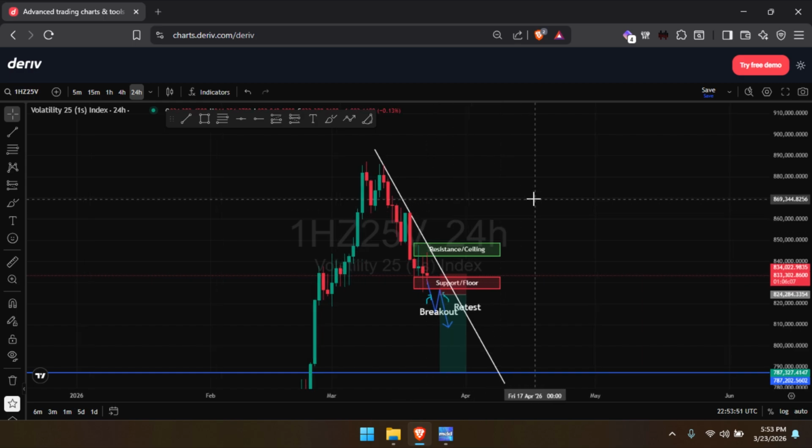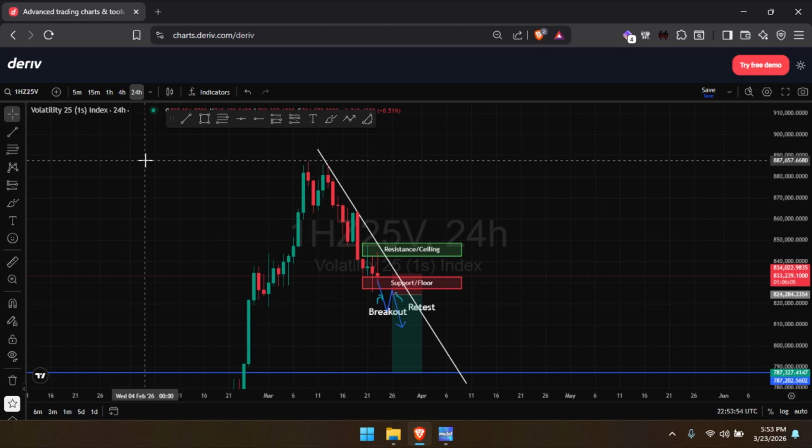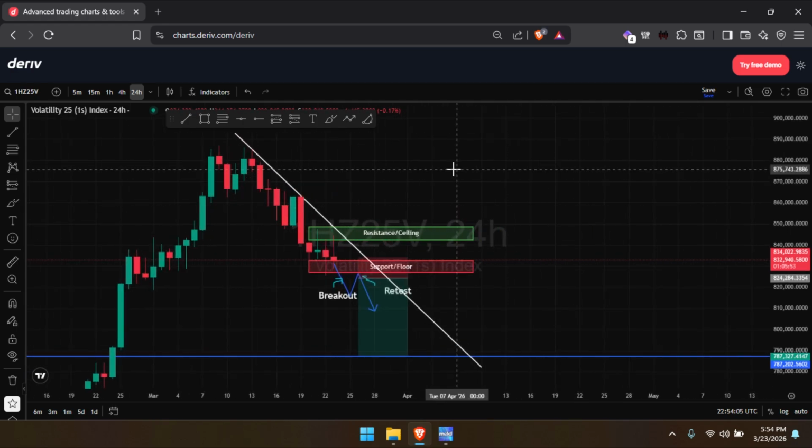All right, let's get into it. First and foremost, we'll be going over support and resistance, trend lines, breakouts, and retests, alongside using multiple time frame analysis, right? As you guys can see, I actually marked up the chart before.